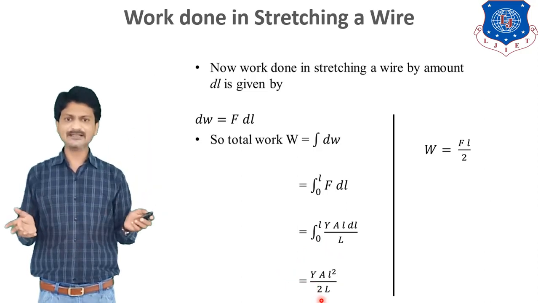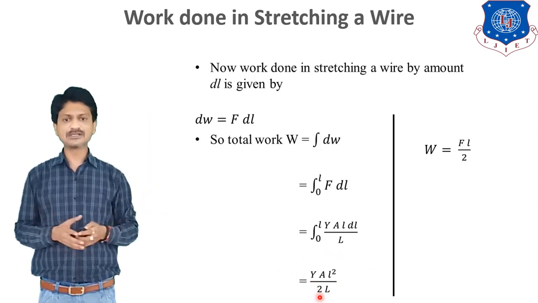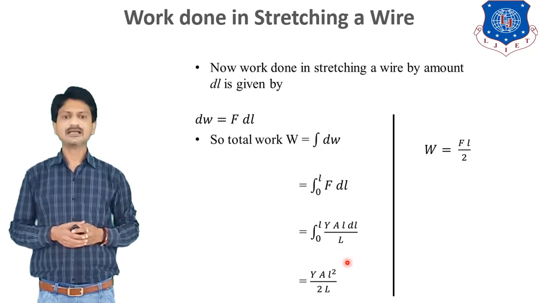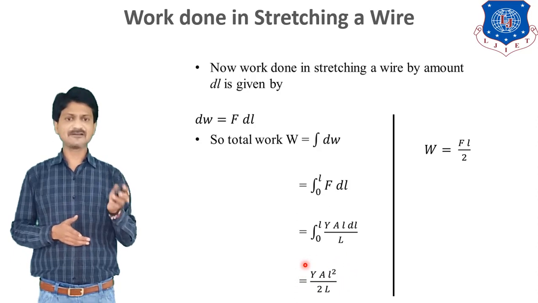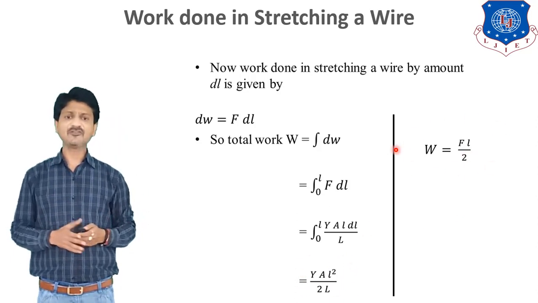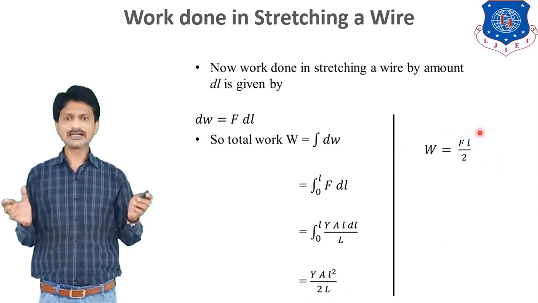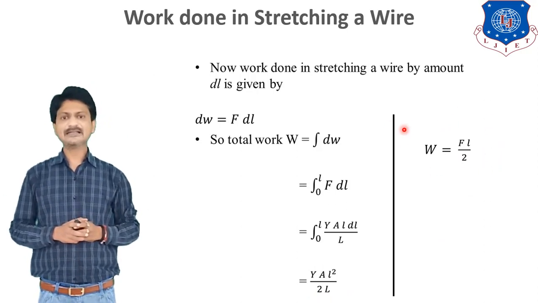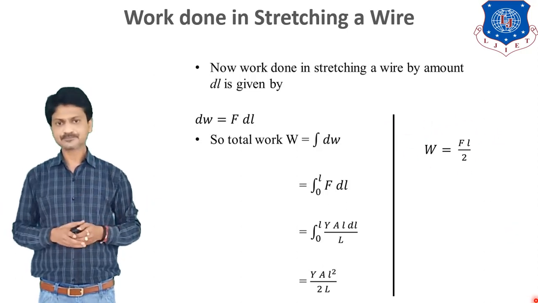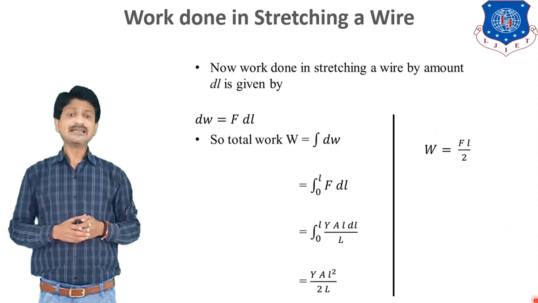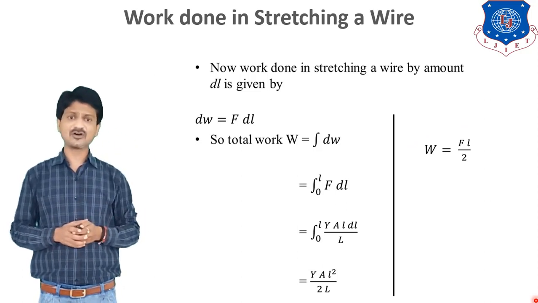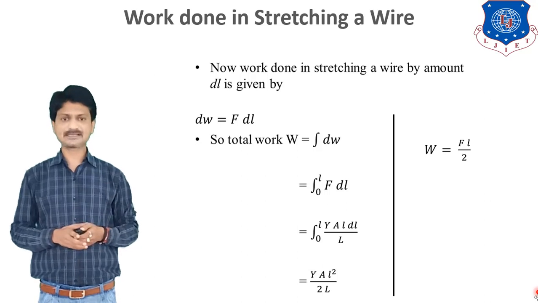Then we have the total work W equals Y A l square by 2L. Again, if we replace the value of F into the above equation, we have the final equation of work done in stretching a wire, W equals F l by 2. So it is the equation which we are going to use in the next derivations of the upcoming topics.